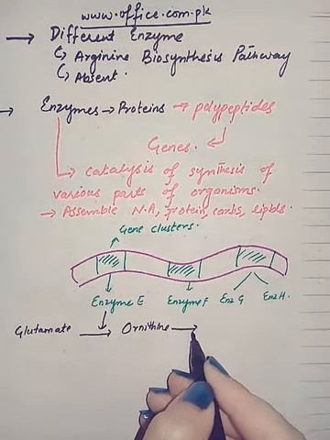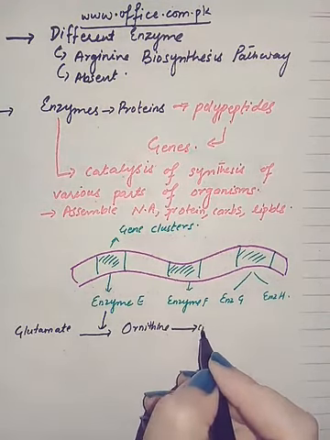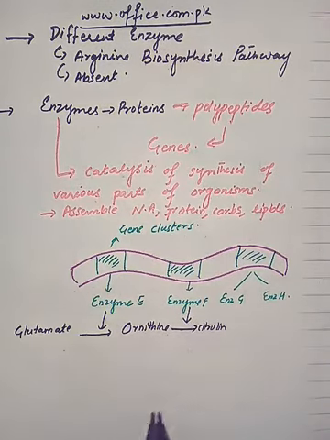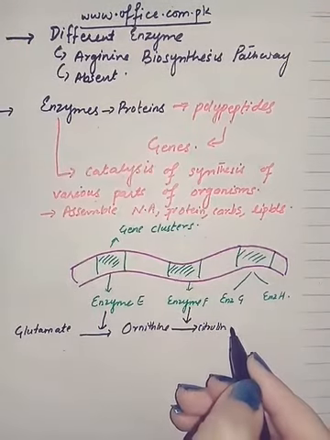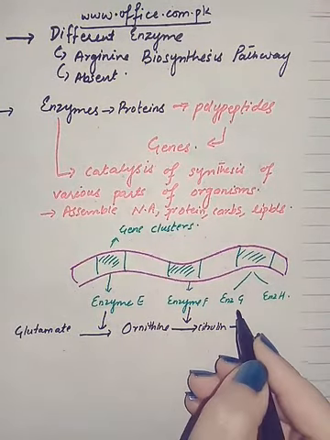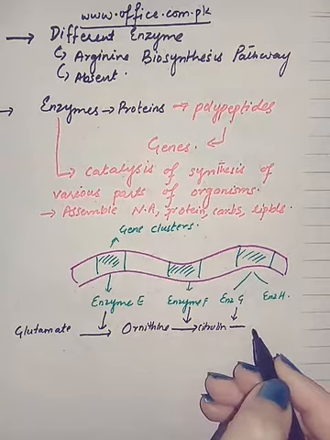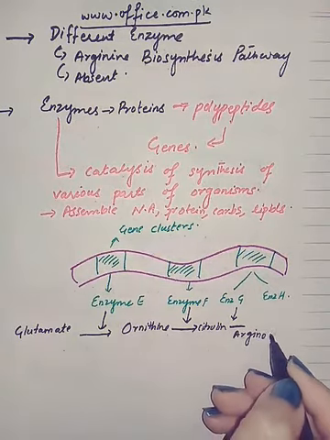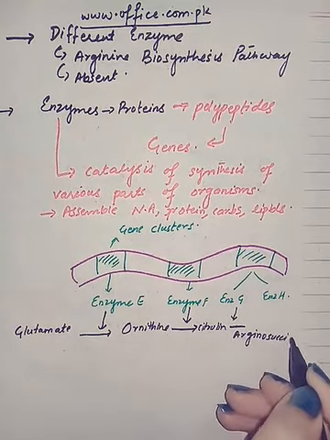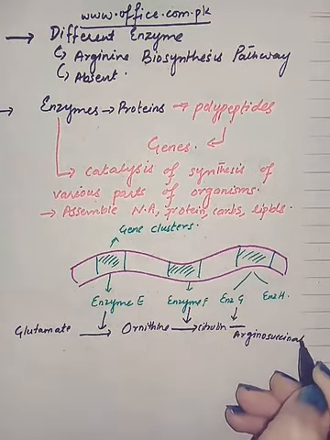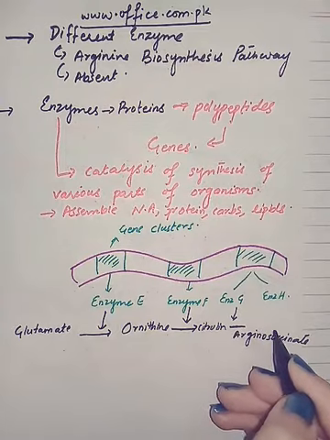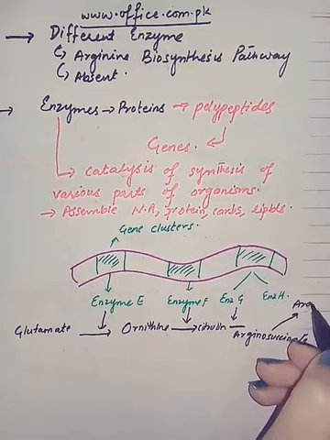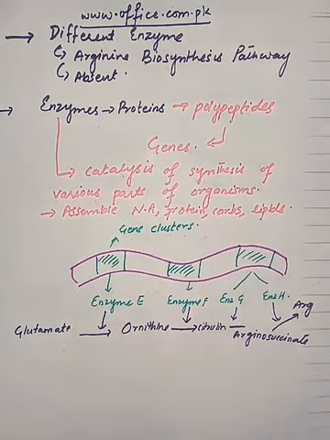Ornithine is converted into citrulline by the action of enzyme F. Then enzyme G controls the synthesis of arginosuccinate and conversion of arginosuccinate into arginine is controlled by enzyme H.